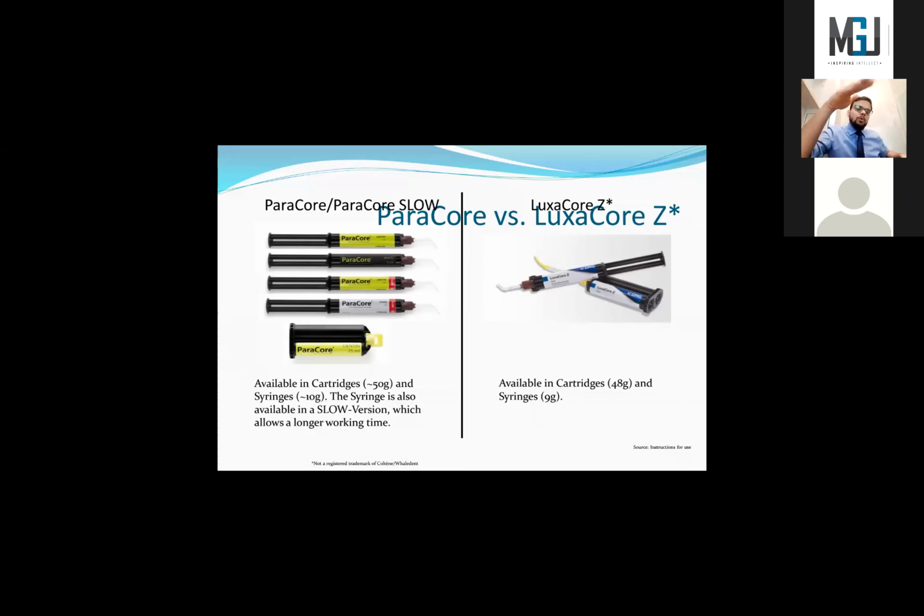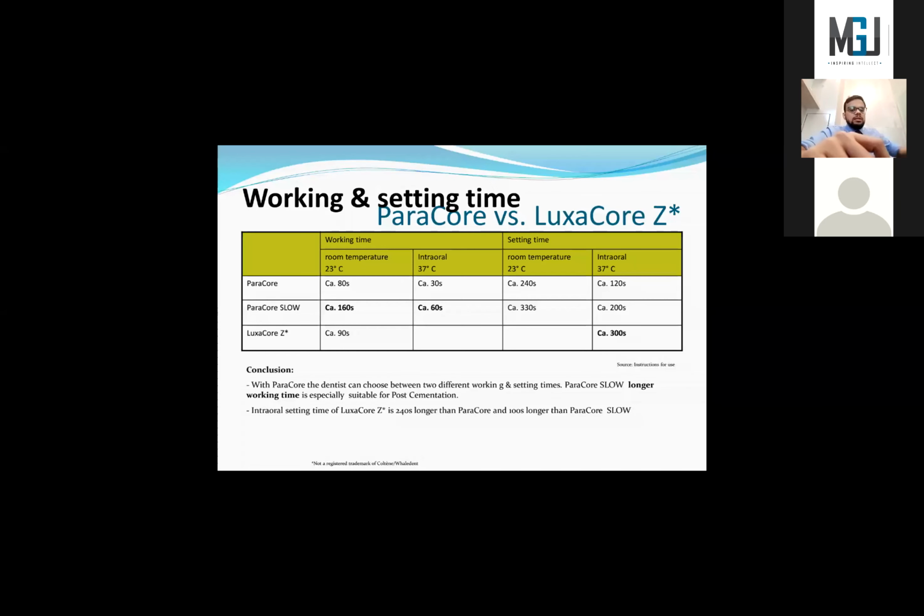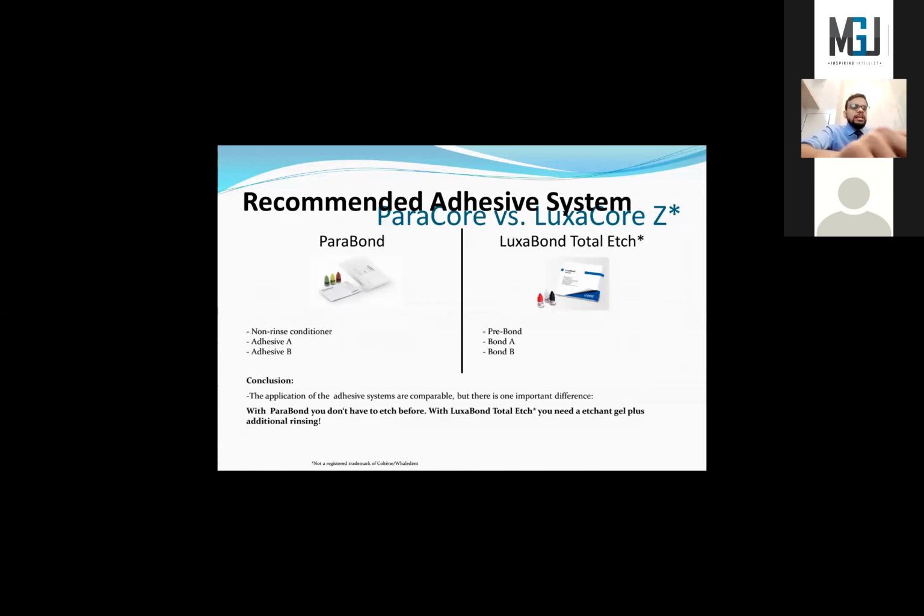With Paracore, what happens is they give you something like this. I'll just show you. They give you three separate bottles. One is a conditioner. So you can coat the canal with the conditioner that removes the smear layer and incorporates the smear layer in the bonding. And then you have adhesive A and adhesive B, which are mixed together and coated.